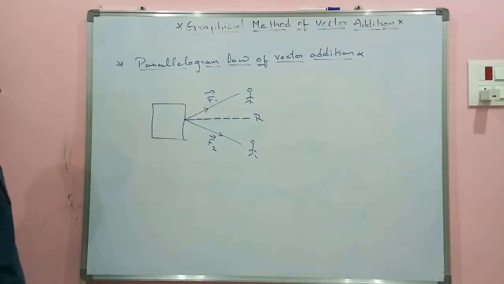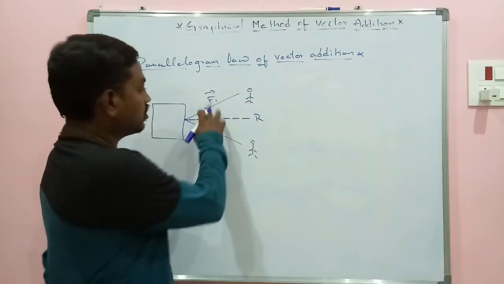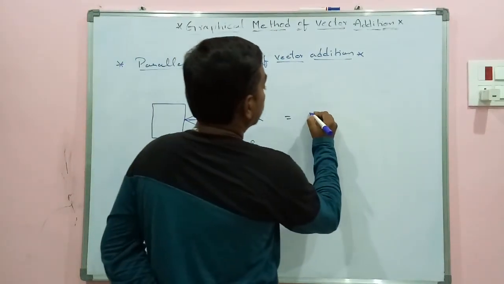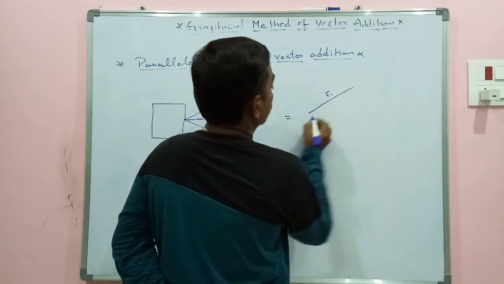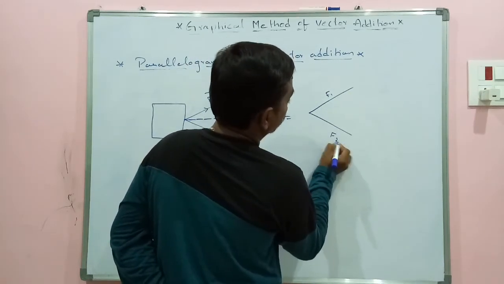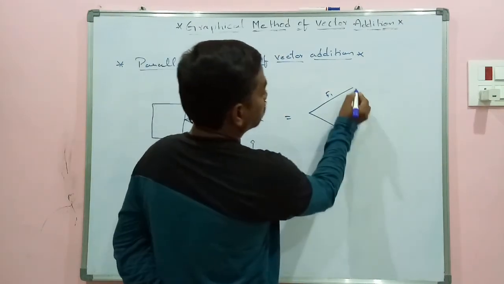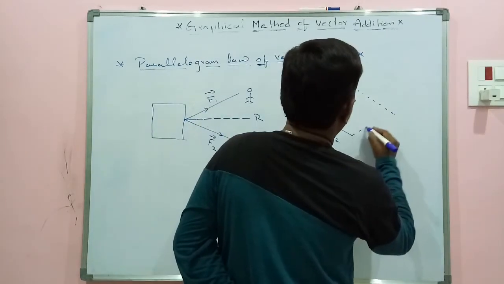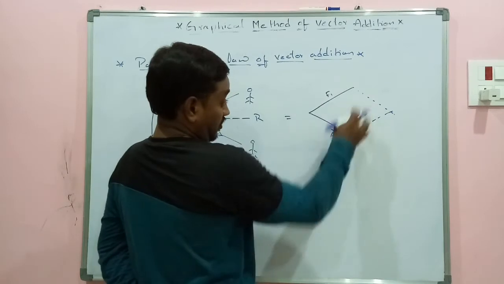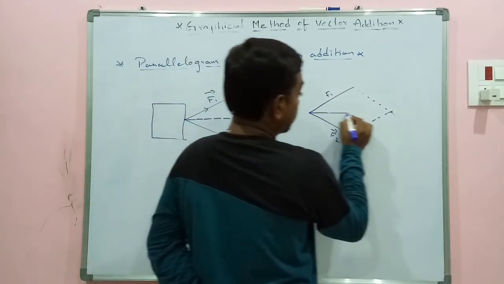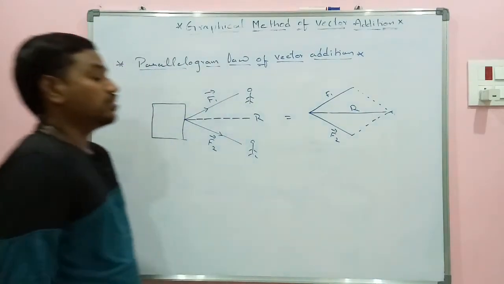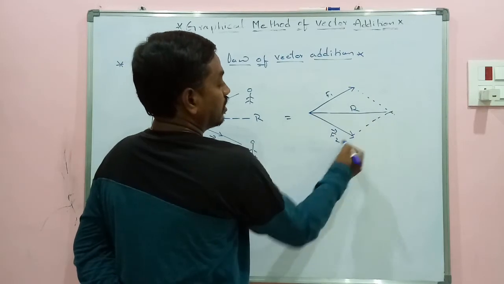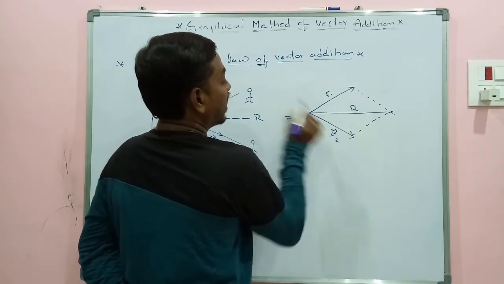Similarly, if you consider any two vectors and complete the diagram here, this is parallel and this is the result. So here two vector tails are joined.